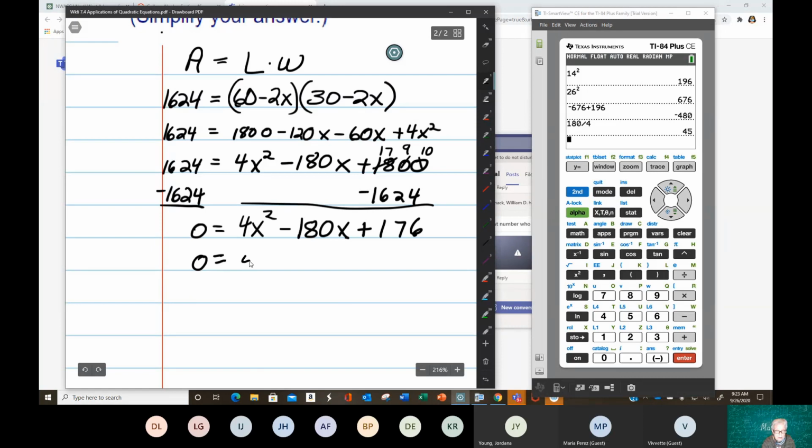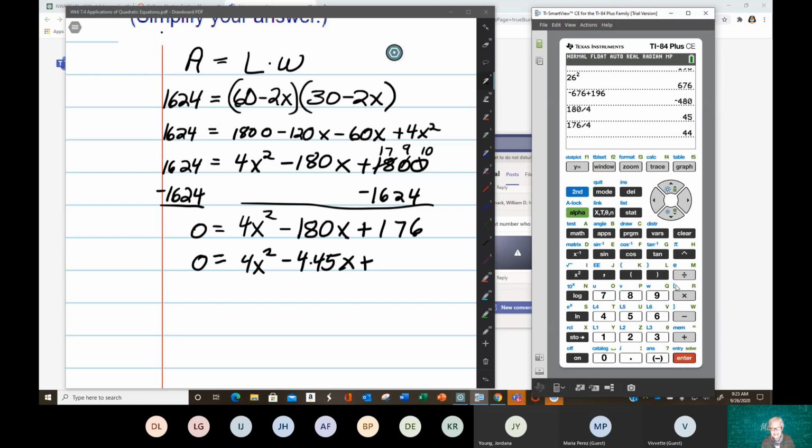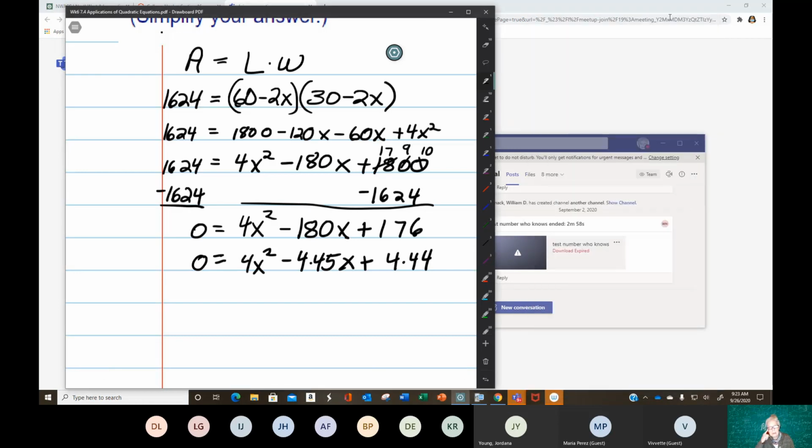So let's gamble, but not for money. I'll be very disappointed if it doesn't go into 176, but I believe it does. Yes. Okay, happy camper. We have ourselves a GCF.